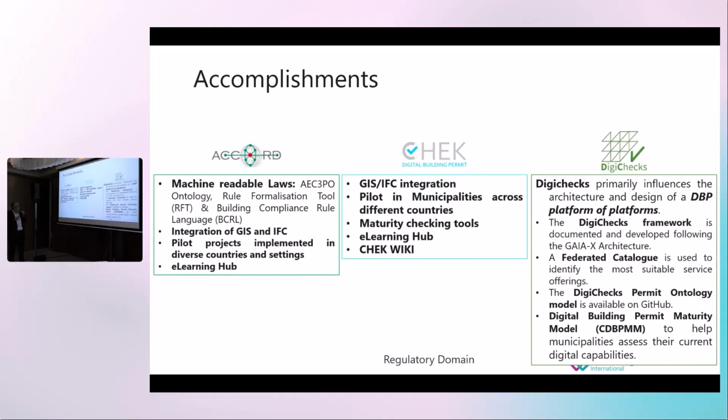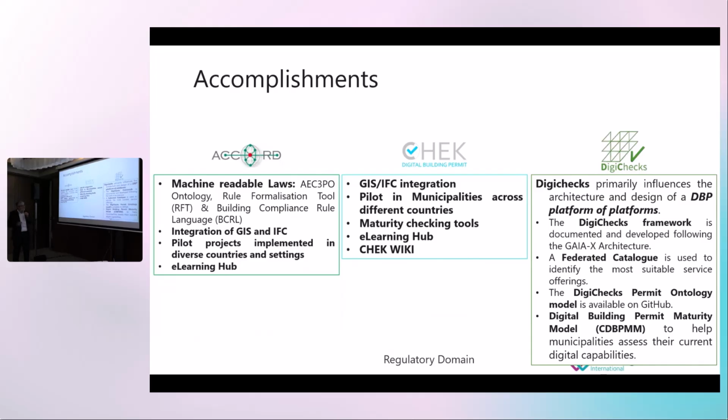So we have an e-learning hub in Accord and in Czech, while in DigiChecks it's a little bit less easy to find their results, because they have something that is more complex. And honestly, I have to go to GitHub. That is a very technical environment to understand a little bit more what they delivered.